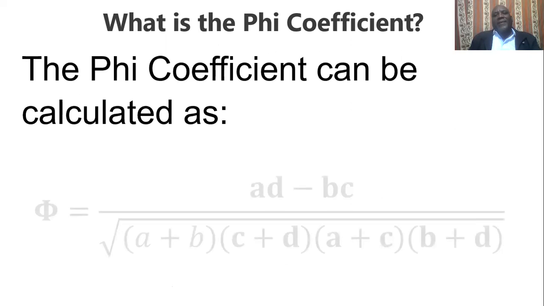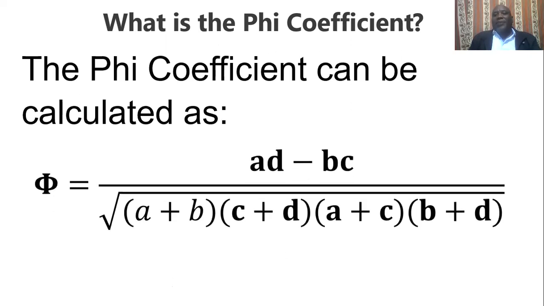The formula for getting the Phi coefficient is AD minus BC, all over A plus B in brackets, times C plus D in brackets, times A plus C in brackets, times B plus D. And from my left hand, you can see the symbol for the Phi coefficient.